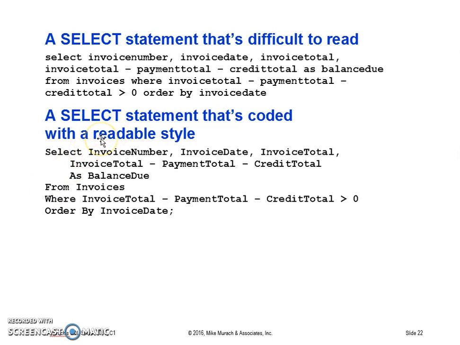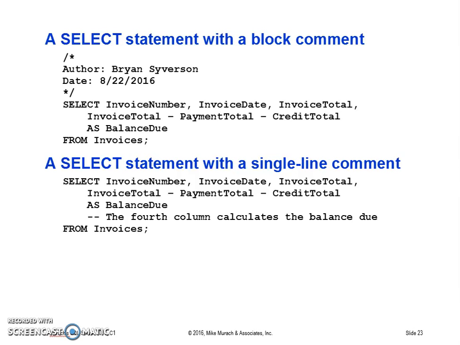Each of the main commands or clauses is on a separate line. Just making it easier to read is actually the best guidance you can have. And page 33 of the book has some coding recommendations on how to make it easier.